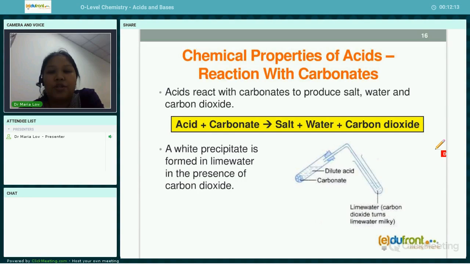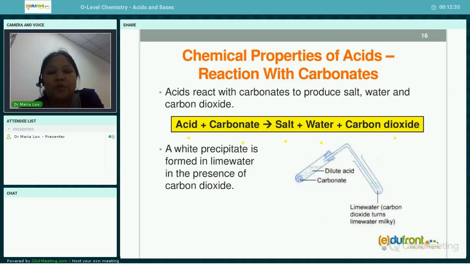The next reaction that we are going to look at is acids reacting with carbonates. Acids will always react with carbonates to produce salt, water, and carbon dioxide gas. So this is the general equation: we have acid, we have a carbonate, forming salt, water, and CO2 gas.